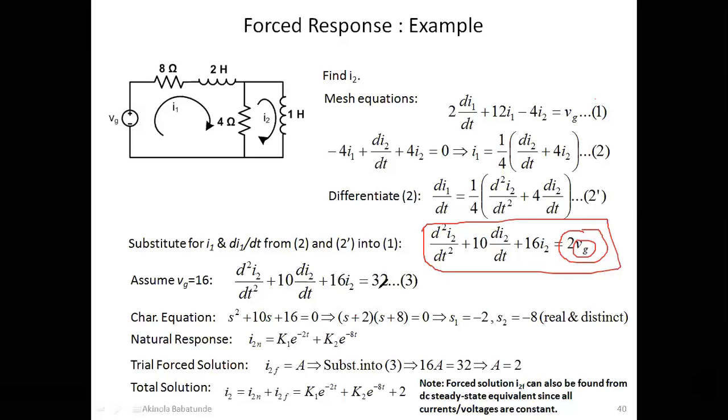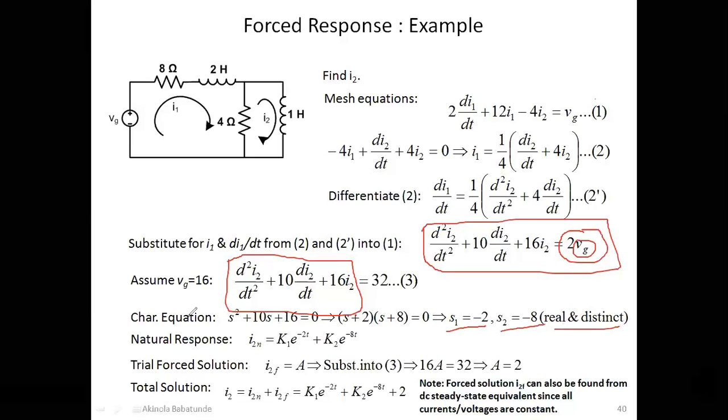Once you come up with this, it simply means you can find both your natural solution and your forced solution. How do you find the natural solution? You equate everything we have here to 0. When you do that, you obtain your characteristic equation. This will give you s squared plus 10s plus 16 equals 0. You solve that, you get s1 is minus 2, you get s2 is minus 8. These are real and distinct roots.